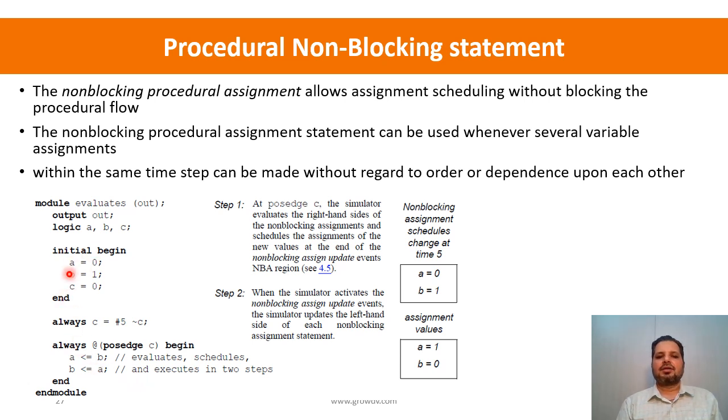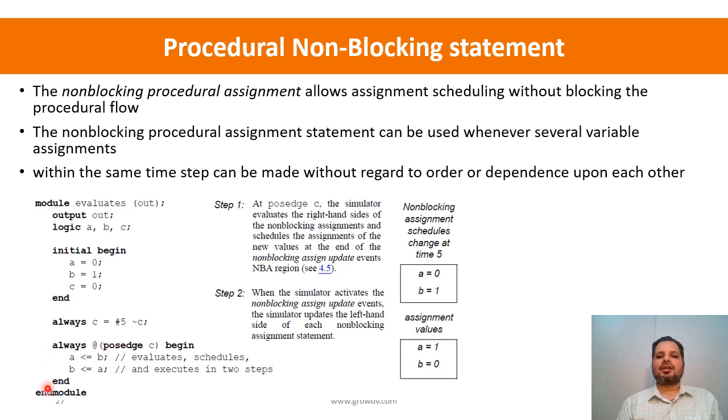So here in this initial block, I am saying a is equal to 0 and b is equal to 1, and I am saying always at the positive edge of clock, A with non-blocking assignment of B and B with non-blocking assignment of A. And here what happens is that the non-blocking assignment, as we know through the scheduling semantics as well, executes in two steps, right?